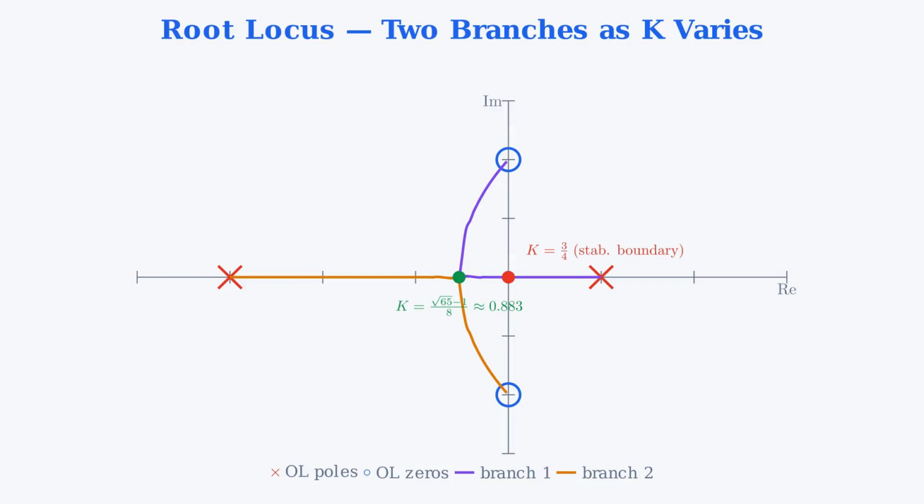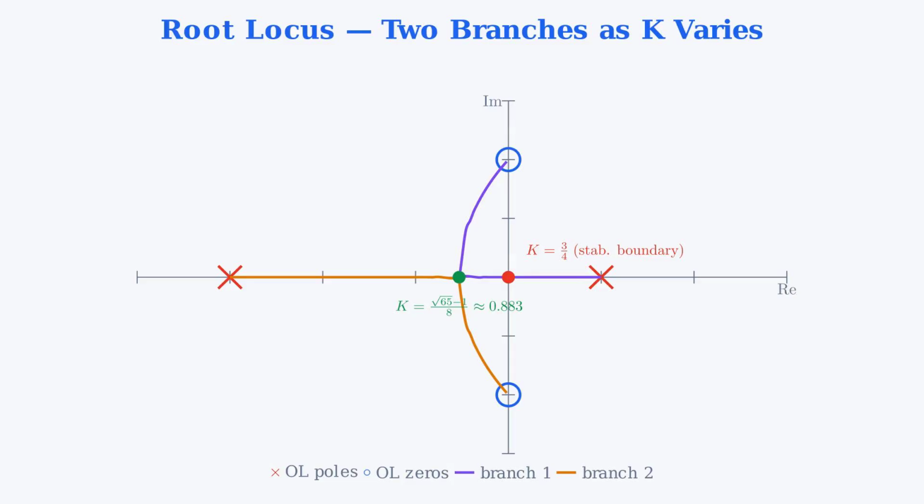The locus crosses the imaginary axis only at the origin. Plug omega equals 0 into the real part: 4k minus 3 equals 0, gives k equals 3/4. The crossing happens exactly at the stability boundary, consistent with question B.